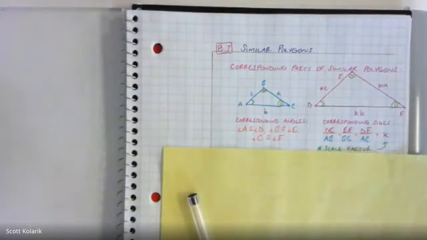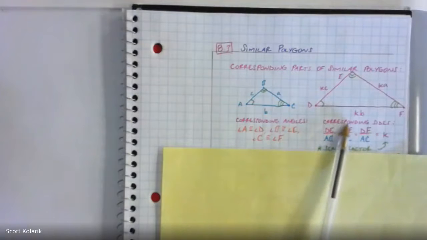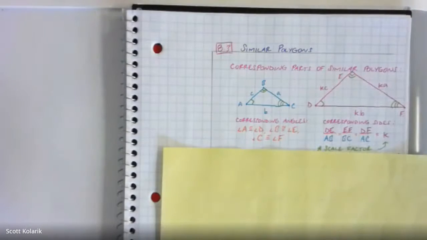Now, why do I bring that up? Because if they are jumbled up and one's twisted and turned in some other way, shape, or form, identifying these corresponding pieces, whether they're the sides or the angles, can be a little tricky. So I'm going to show you some quick hints and some quick shortcuts to identify what are the corresponding pieces.